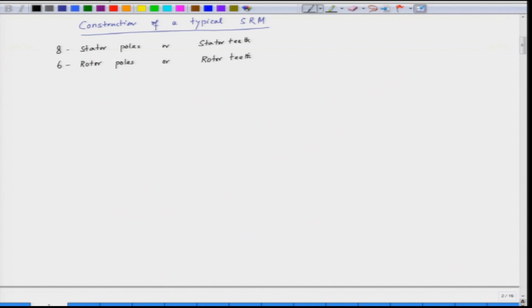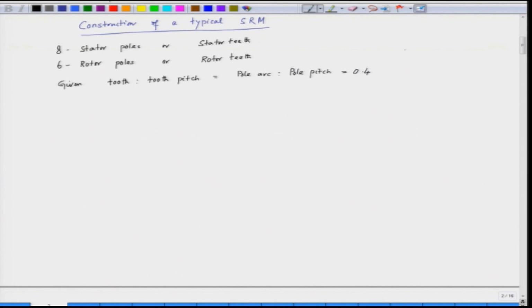We also have a ratio which is called the tooth to tooth pitch, which is the same as pole arc to pole pitch, equal to 0.4.